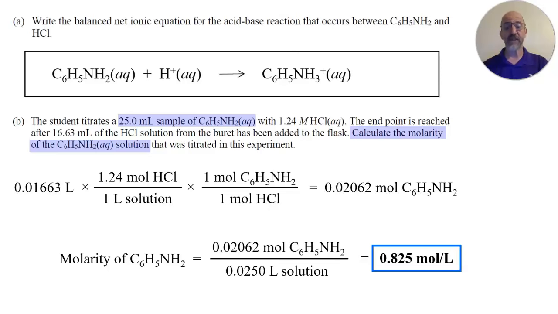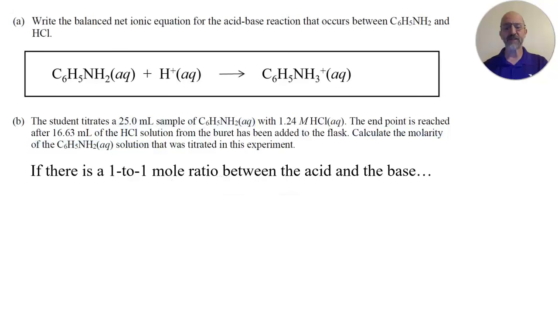Some of you watching this video might say, Mr. Farabaugh, can we solve part B by doing M times V equals M times V? Would that work? The answer is yes, but just be careful. You can only use what I'm about to show you if you have a 1-to-1 mole ratio between the acid and the base. Now, we do.